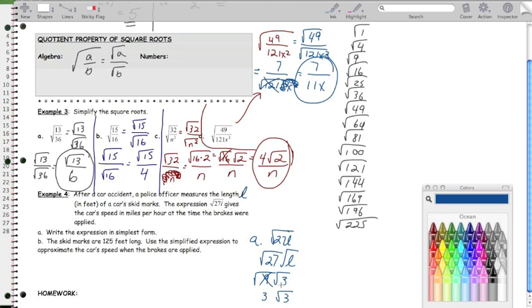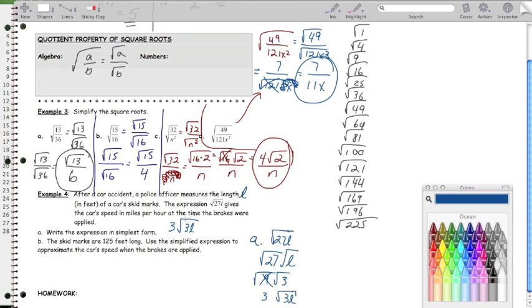Square root of 3 stays under the square root symbol. Now I deal with my L. Now this is not L squared, so nothing cancels out. Instead, it's going to stay underneath the square root symbol. So my simplified expression is 3 square root of 3L. Again, these two mean exactly the same thing, but it's simplified. Okay, and that's our goal, to break what's underneath the radical or the square root symbol down as far as it can be.